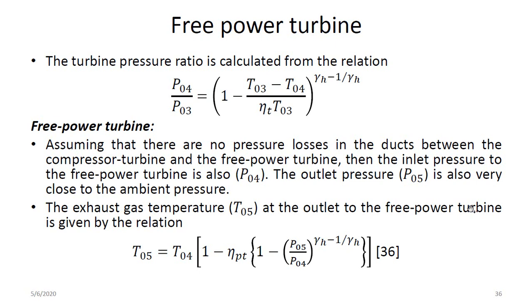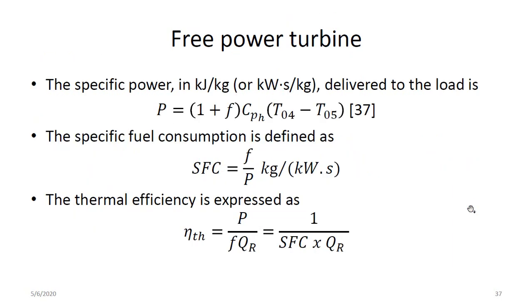So from here, you can get the exhaust temperature given by equation 36, and the specific power for the free power turbine will be given by the temperature difference between entry of the free power turbine and exit of the free power turbine, multiplied by the specific heat and the exhaust mass flow.